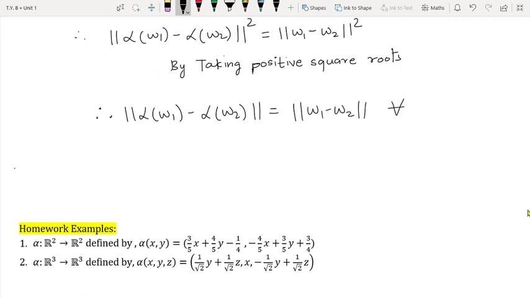This is true for all w1, w2 belonging to R3, and therefore alpha is an isometry. That is what we wanted to prove.